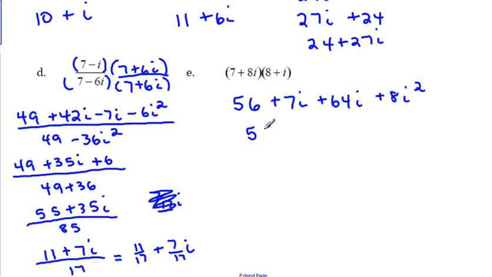So that gives me 56 plus 64 and 7 is 71i, and plus 8i squared is minus 8. 56 minus 8 is 48, plus 71i.